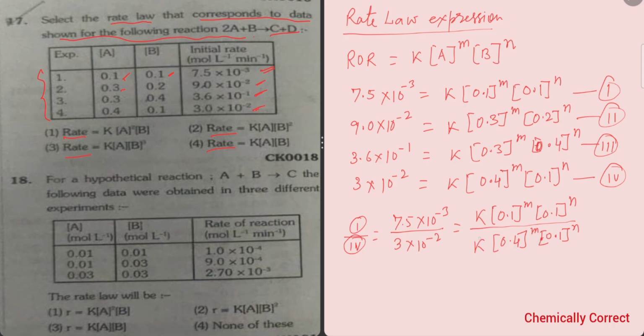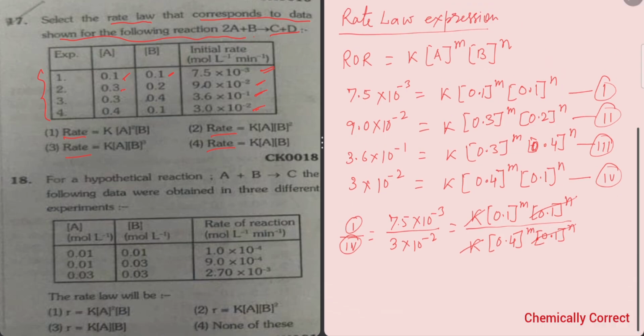So k and k cancel, and the terms with n cancel too. Now the ratio 0.1 upon 0.4 is 1 upon 4, which we can write as 0.25 raised to the power m.